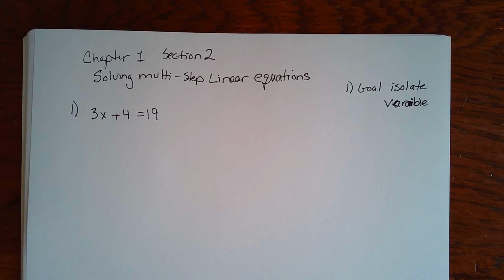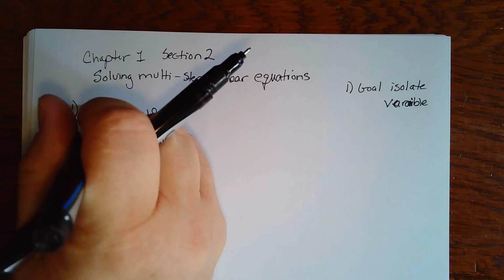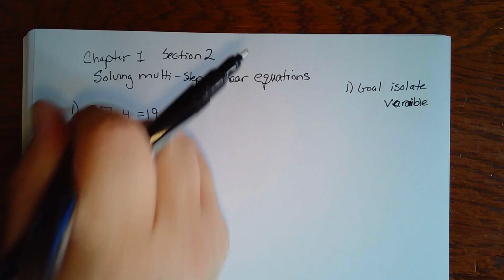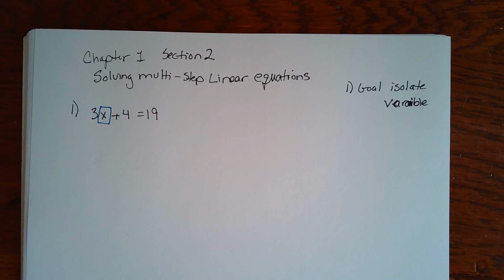So I'm going to take and pinpoint what I want isolated, and that is going to be x. To do this, we need to do a couple steps. Let's make some rules that we know we have to follow.